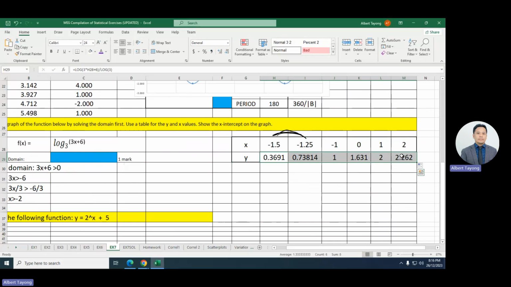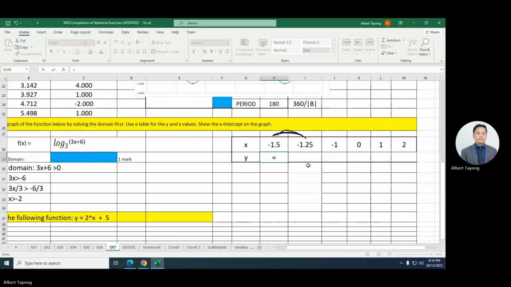Can you please graph? Which one? This one? Equals log, follow the formula, 3 multiply 3x, this is the x, right? Plus 6. Okay, divide log, what is the base? 3, yeah?